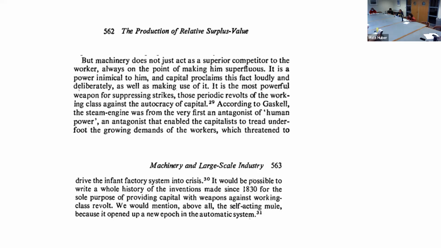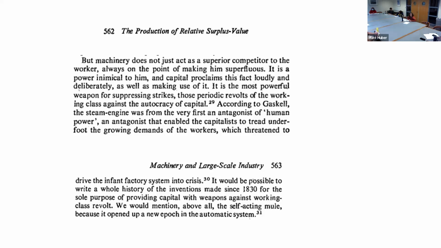Then he gets into how ultimately capital uses machinery as a weapon in class struggle whenever workers start to agitate or organize for their own interest. According to Gaskell, the steam engine was from the very first an antagonist of human power, an antagonist that enabled the capitalists to tread underfoot the growing demands of the workers, which threatened to drive the infant factory system into crisis.